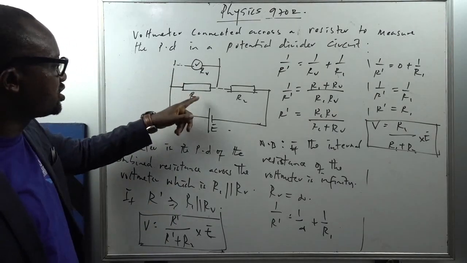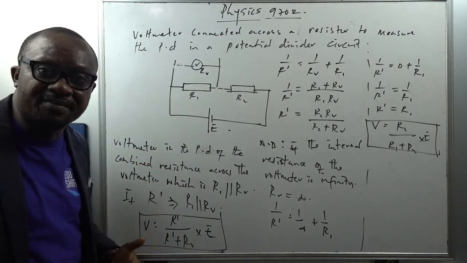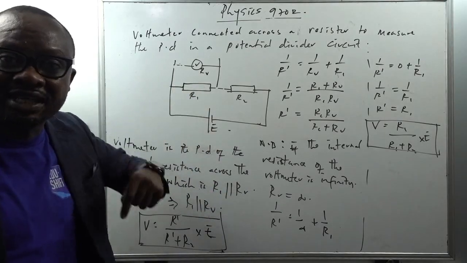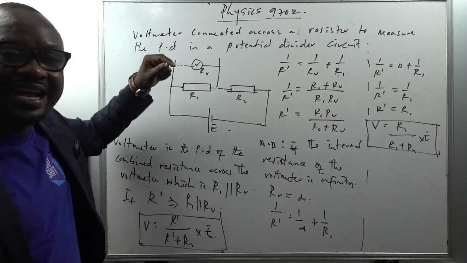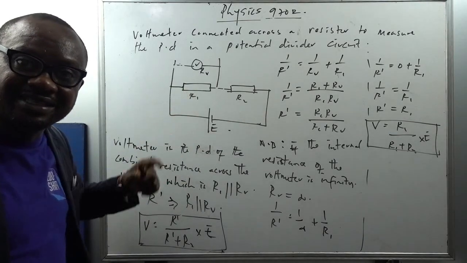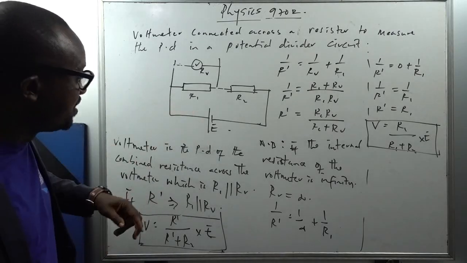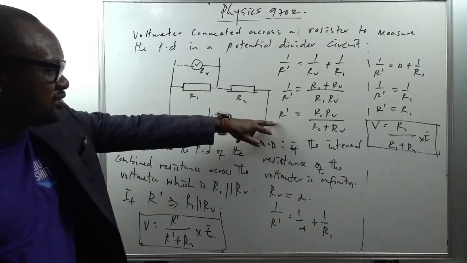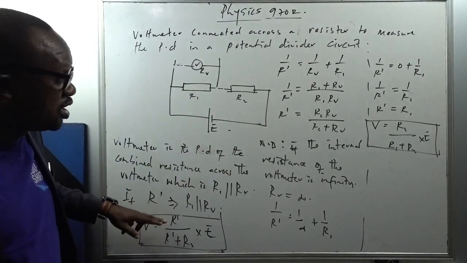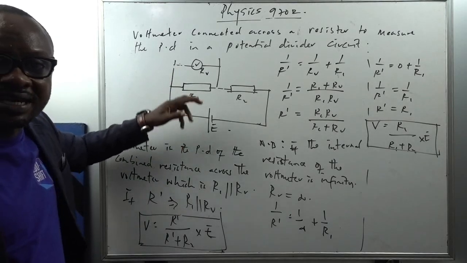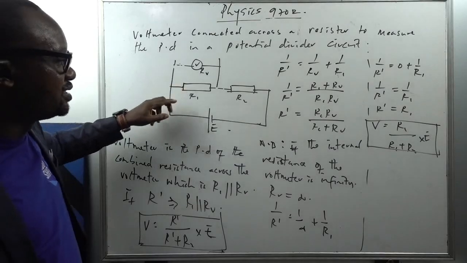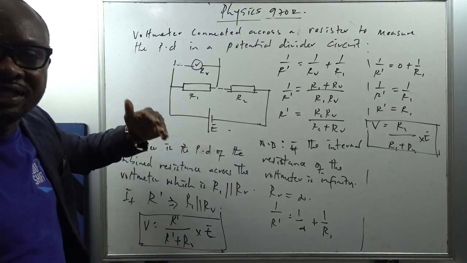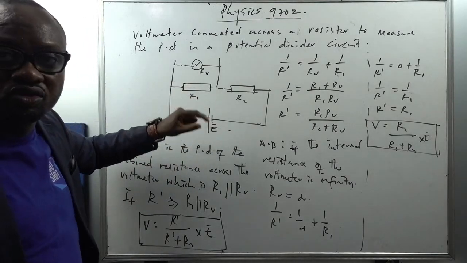If the voltmeter has its own finite resistance, the reading will not just be the PD across R1, but the PD of the combined resistance of R1 in parallel with R sub V, which we are referring to as R prime. But if the voltmeter has an infinite internal resistance, the reading will be the PD across R1, because the internal resistance does not contribute to the combined resistance across the voltmeter.